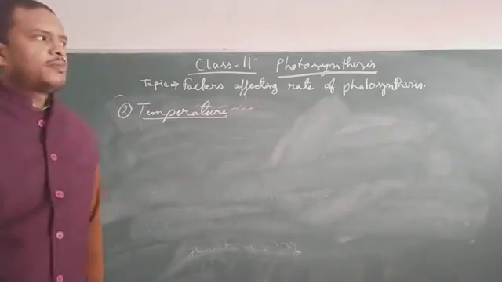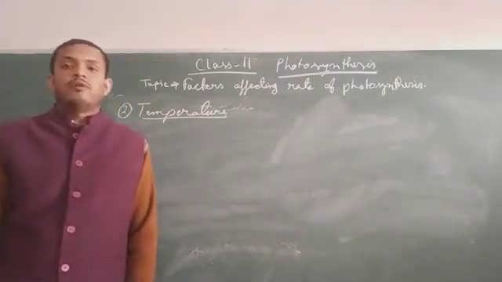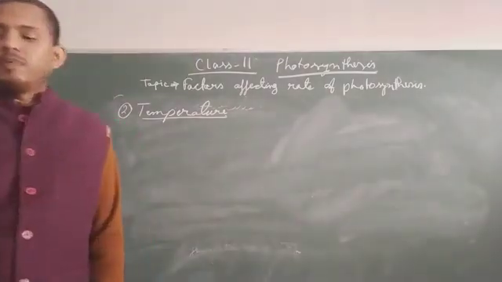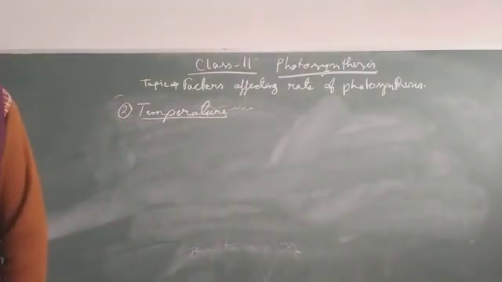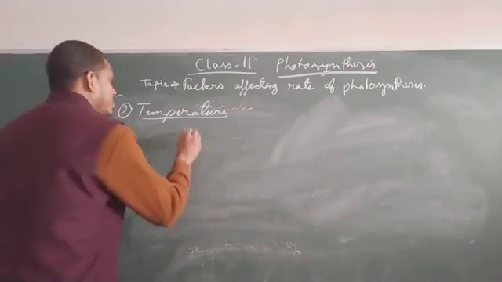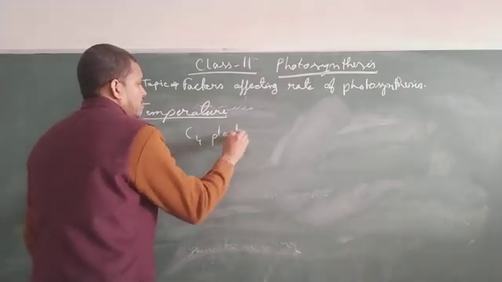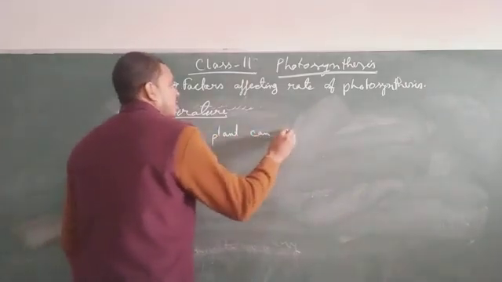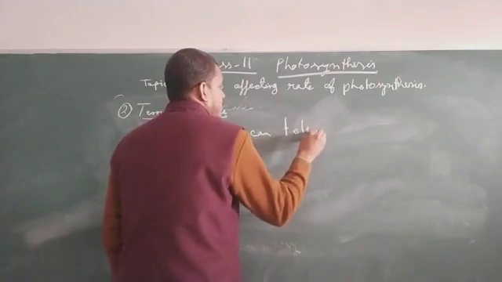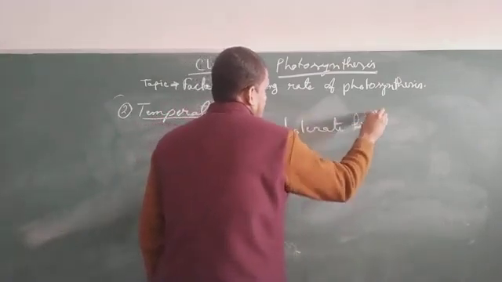So when we talk about temperature, a very high temperature is going to affect the rate of photosynthesis. There should be an optimum temperature, because the C4 plant can tolerate higher temperature.